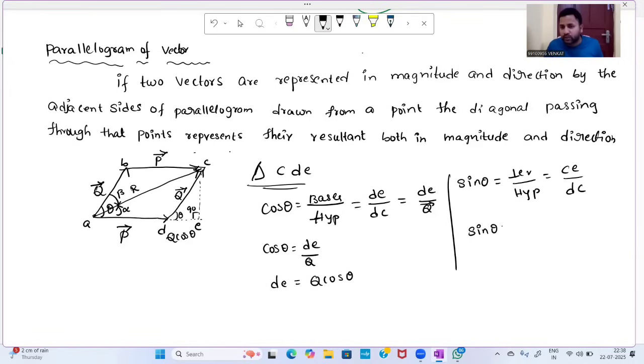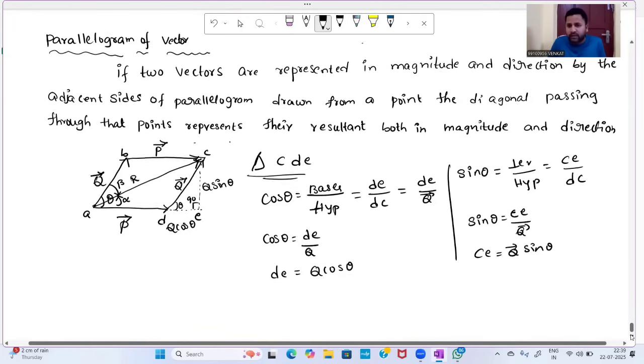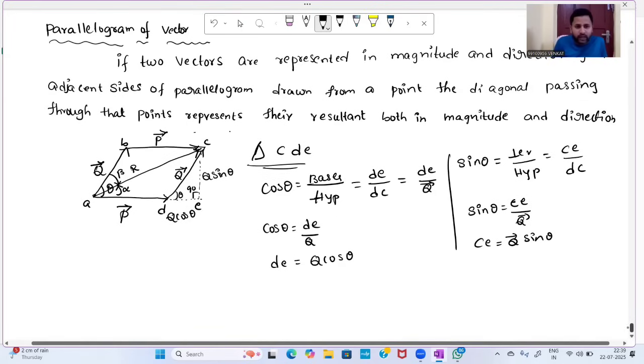Sine theta equals CE by DC, and DC vector is Q. Then CE equals Q sine theta. Now the perpendicular component also came, Q sine theta. Now here, by using the Pythagoras theorem, or simply we can consider from the triangle. Which triangle can we take here? Triangle ACE.